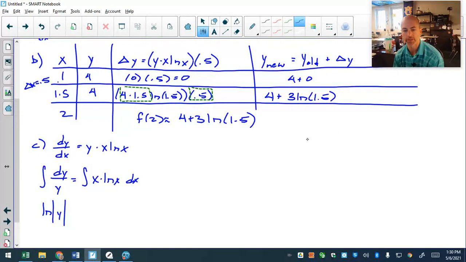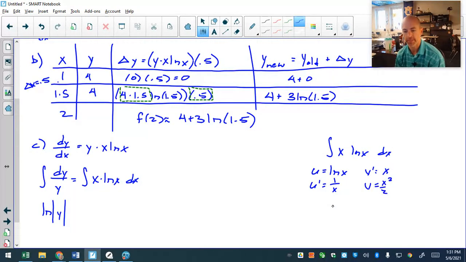I'm going to do my parts over here on scratch paper. So x ln x dx. Your u would be the natural log of x. Your v prime is going to be x. u prime is 1 over x. Your antiderivative of x is x squared over 2.